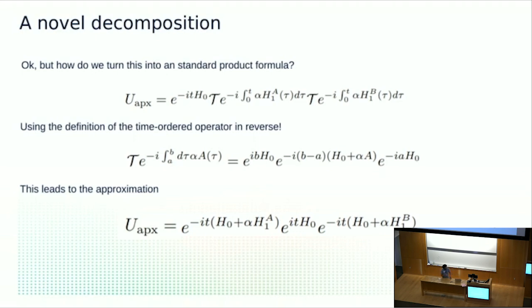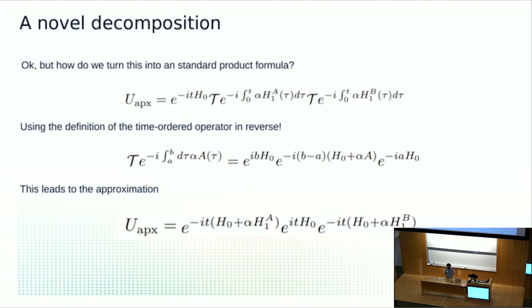Here, if you stare at this formula for a second, you see that essentially it is just a product formula, but where you choose your terms in your decomposition of the Trotter formula differently than you would normally. So if you have H1 and H0, remember that the Hamiltonian was H0 plus alpha H1.